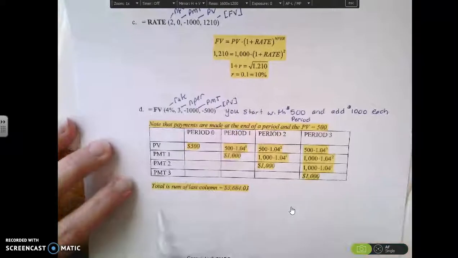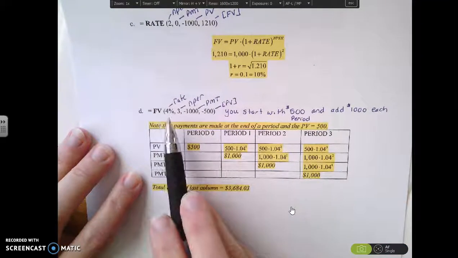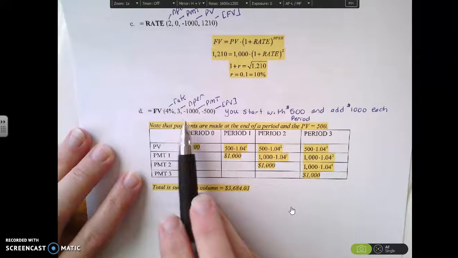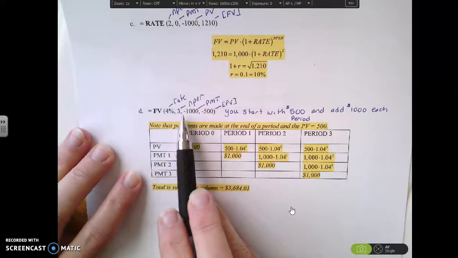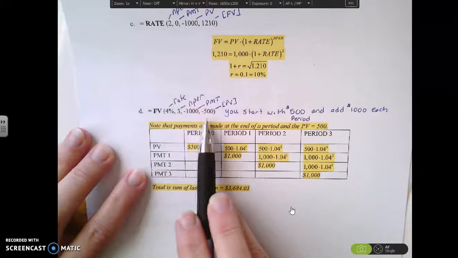Okay, on this next example, here's what they're asking you to do. They're saying, I want to know the future value if I have a rate of 4%, I have 3 periods, I am making payments to the bank because it's negative $1,000, and I start off by putting $500 in the bank.